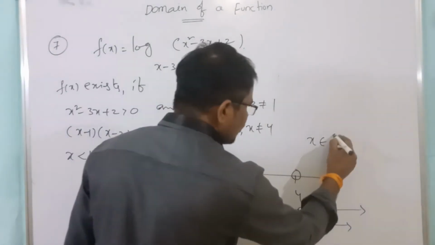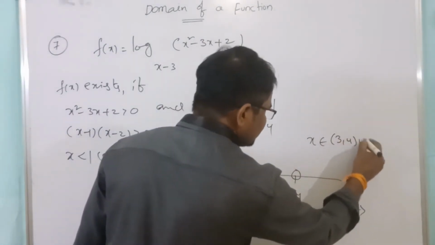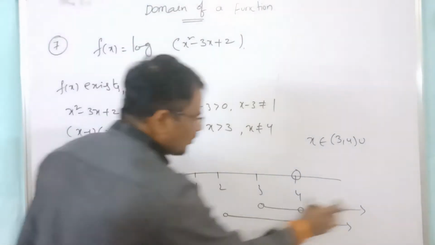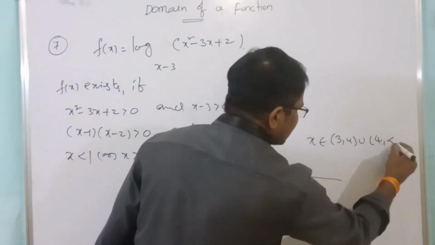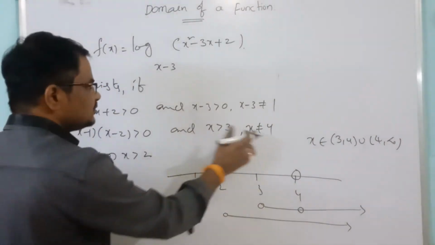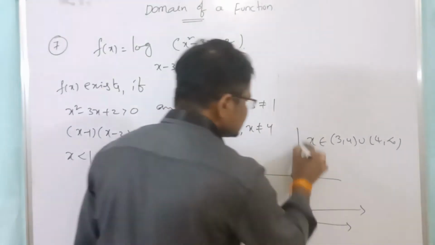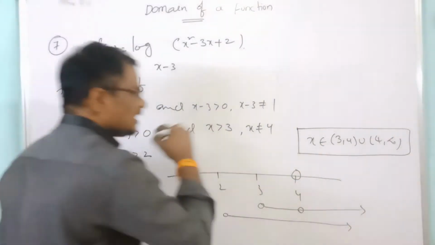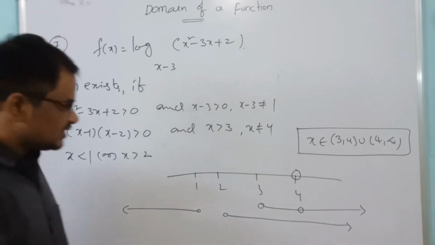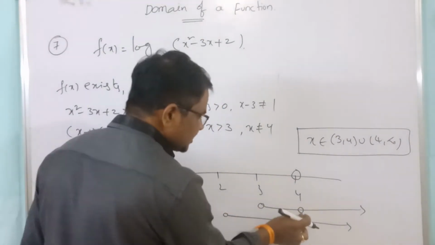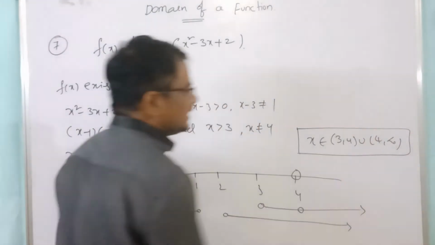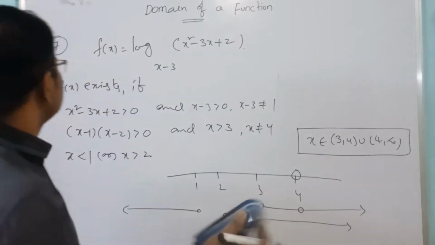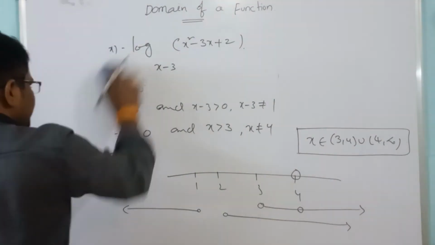So that's why open interval 3 to 4 union 4 to infinity. These are the common values of 1, 2, 3, right? So this is our required domain of the given function. From where to where? 3 to 4 open interval union 4 to infinity. So this is about the seventh problem.